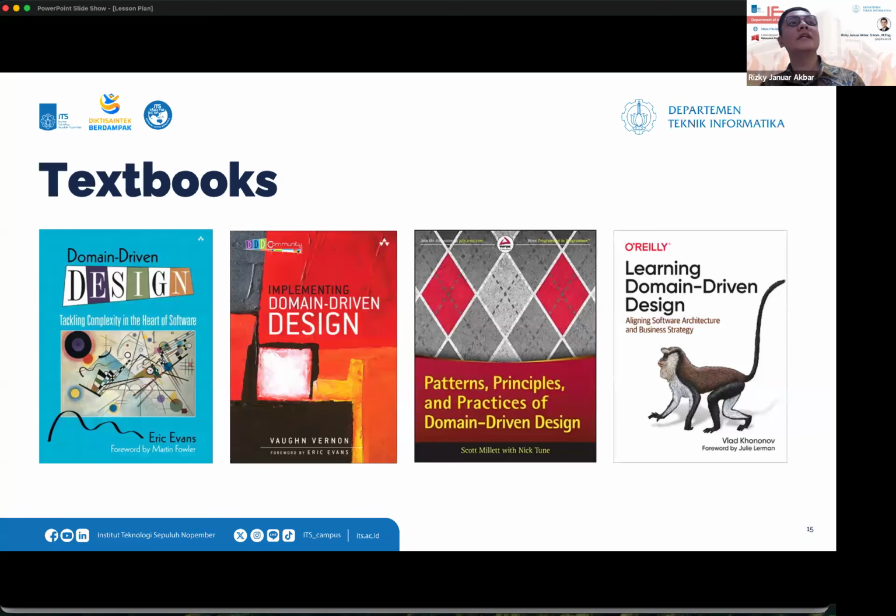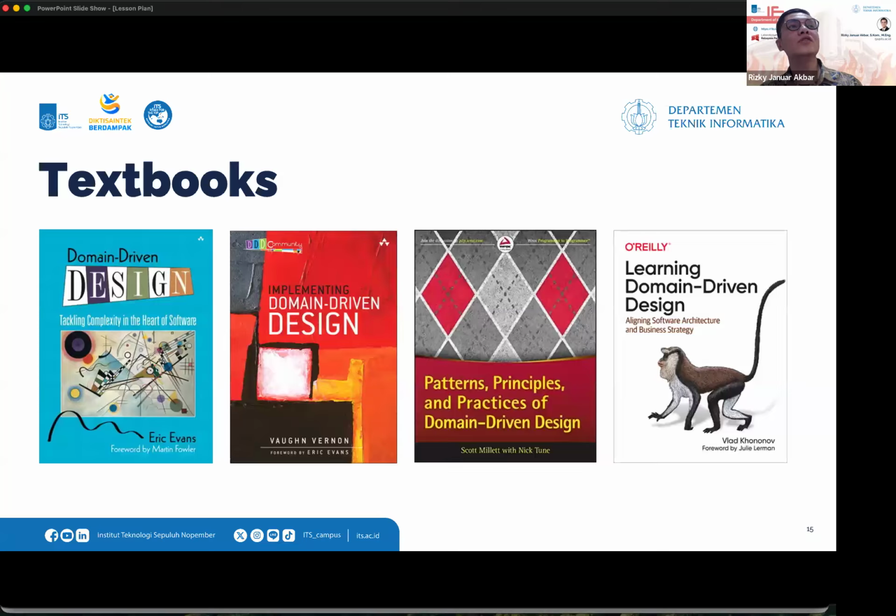And for domain-driven design, DDD was introduced back in 2003. It's more than 20, 22 years ago.